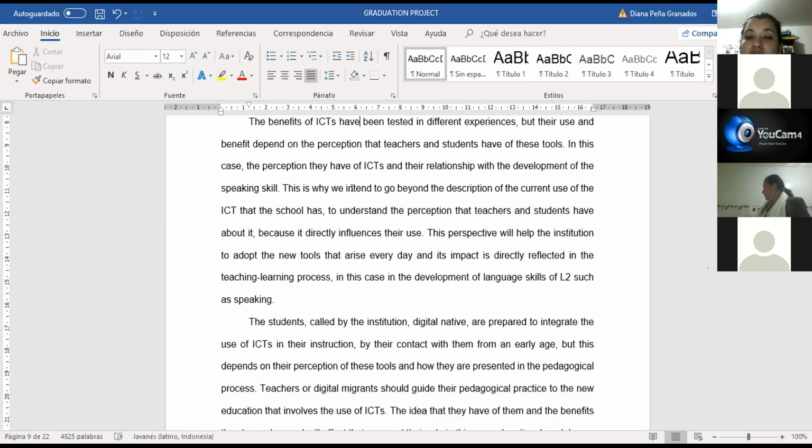That is the importance of your project. Okay? Great. Don't forget to check the links that I posted. There are lots of studies on ICTs in those journals that you can check, as well as in the database in the university.